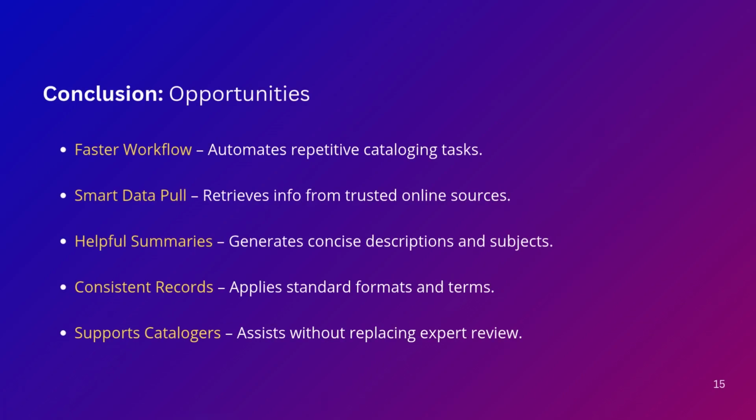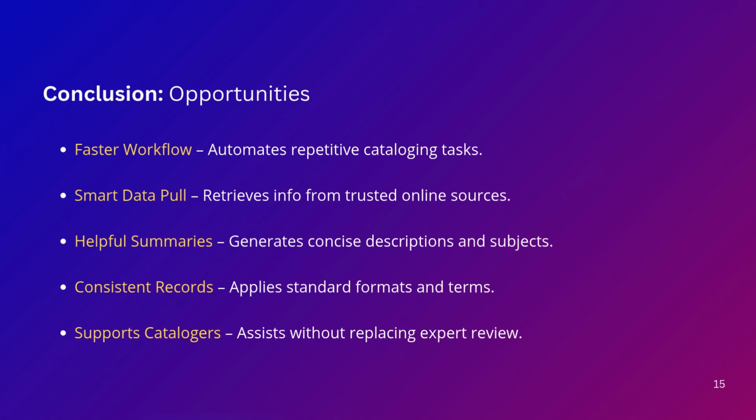In conclusion, AI presents exciting opportunities to enhance cataloging workflows. It accelerates routine tasks by automating repetitive processes, allowing a cataloger to focus on more complex decisions. With smart data retrieval, AI can pull reliable information from trusted online sources, reducing manual research time.